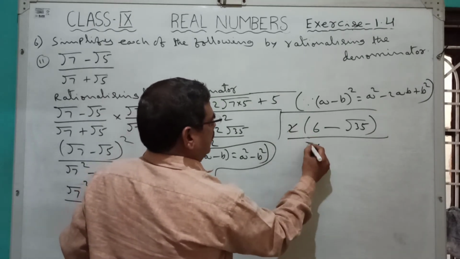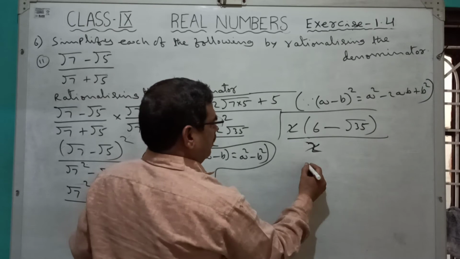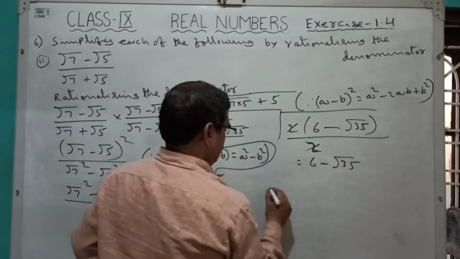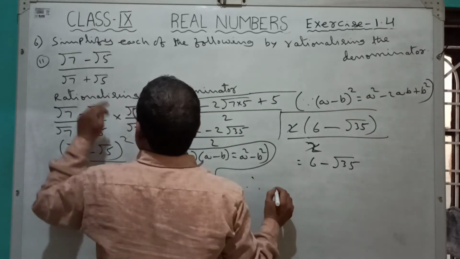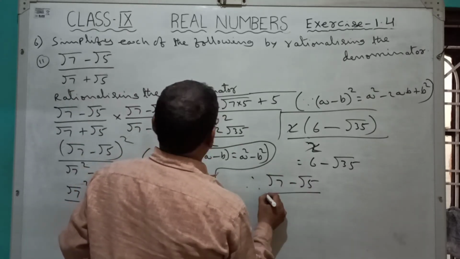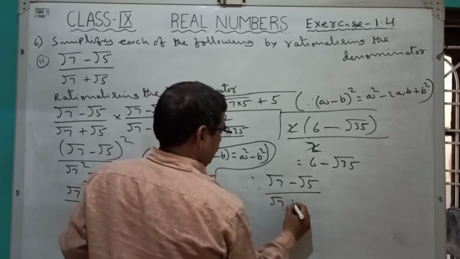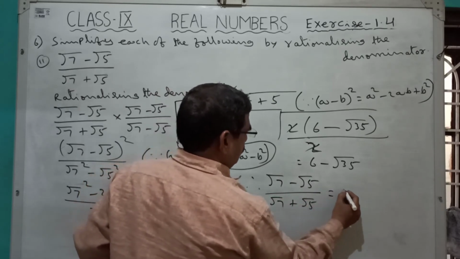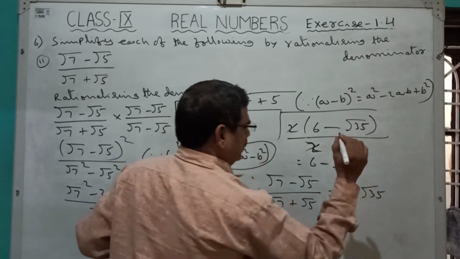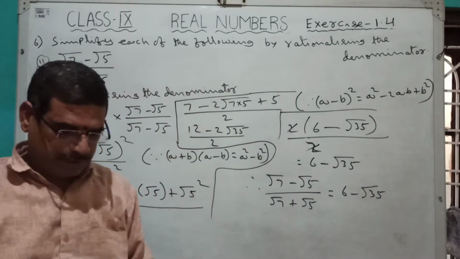This 2 gets cancelled. So the balance is 6 minus root 35. Therefore, root 7 minus root 5 by root 7 plus root 5 is equal to 6 minus root 35. So this is the answer.